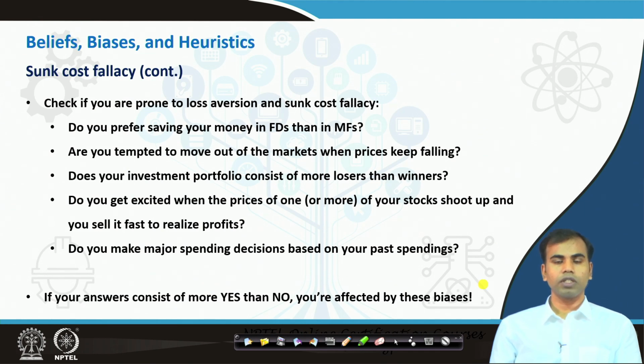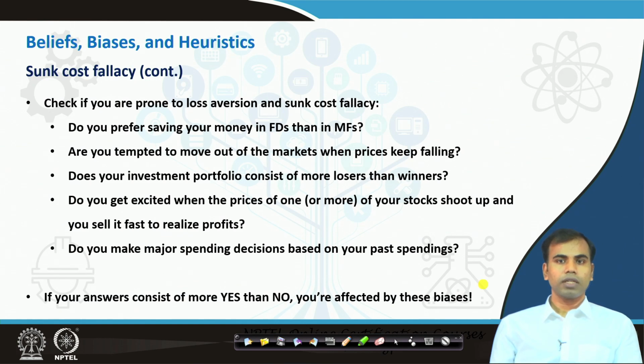So, when you have certain previous expenses and the decision to spend your money is affected by your previous experiences, essentially it implies that your decision making is not objective, rather it is affected by the experiences of the recent past. If the answers to these questions are more yes than no, then you are essentially affected by loss aversion as well as sunk cost fallacy in some cases.